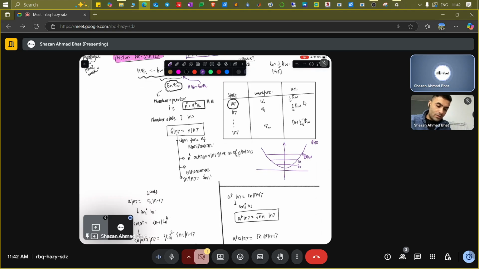And this is state 0, this is 1, this is 2, and so on. And in state 0, there is no photon present. Why? Because that's how you get the vacuum state. So this is the vacuum state.